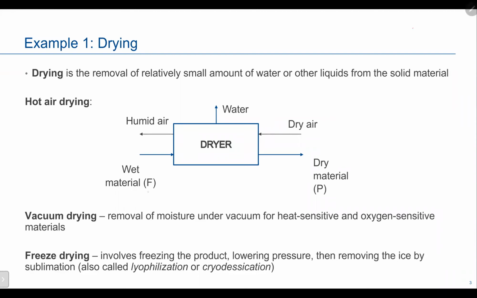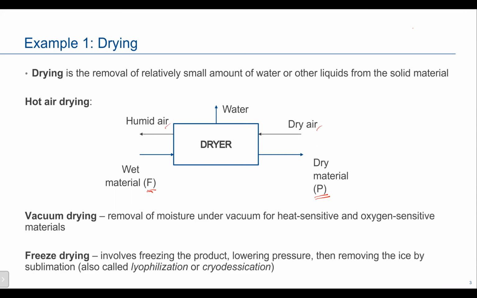So you have your wet material, and we use the symbol F for feed. And after the drying process, okay, of course, you will expect na meron kang product na dry material, and we will use the symbol P for the product, okay? How was it achieved? So you're using dry air to do that. So you have a dry air, and after some time, you will have now a humid air, okay, because drying happened.